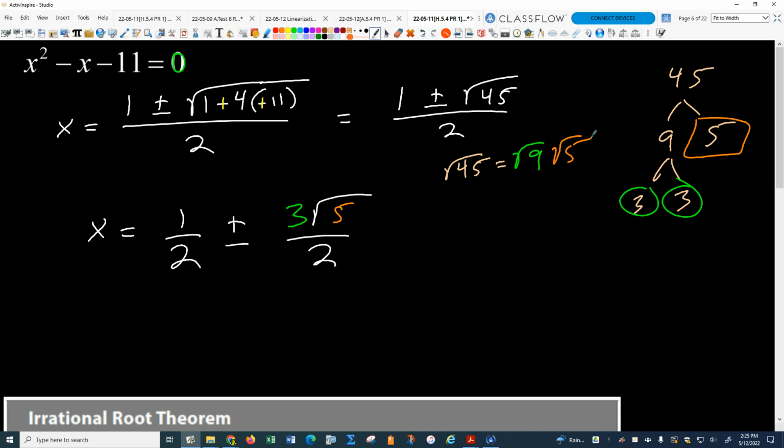If I get real solutions that are irrational, if they have square roots in them, notice that these also always show up as conjugates, right? I got 1/2 plus 3 radical 5 over 2 and 1/2 minus 3 radical 5 over 2. Now, they're not complex conjugates. There are no i's there, but they're still conjugates. They still fit that conjugate pattern.